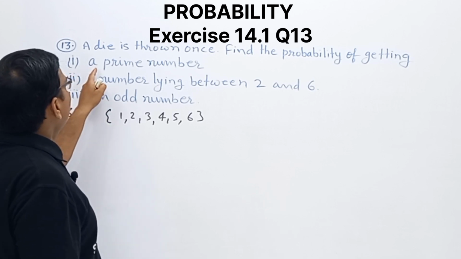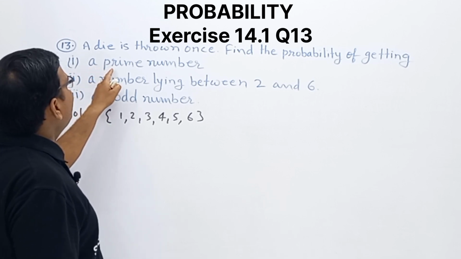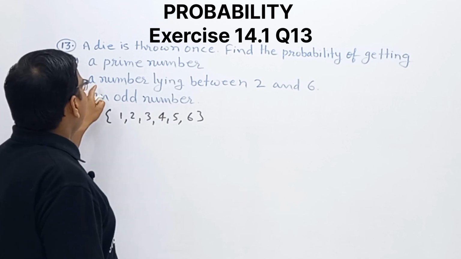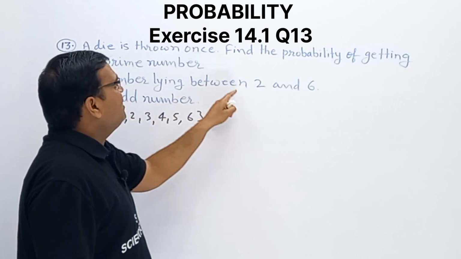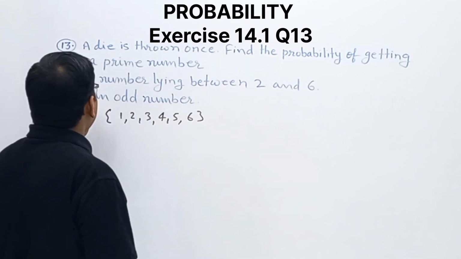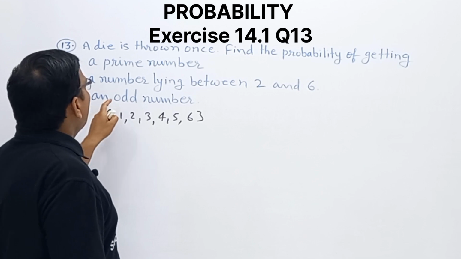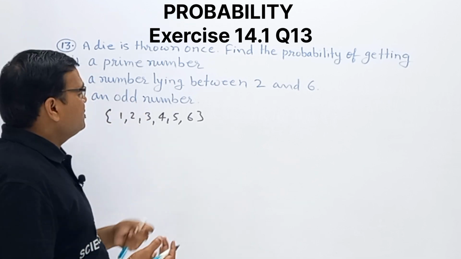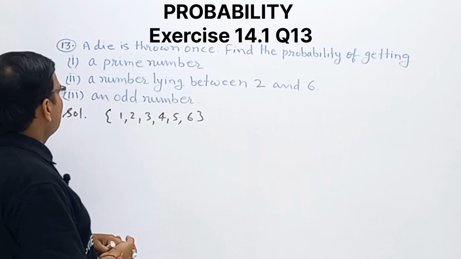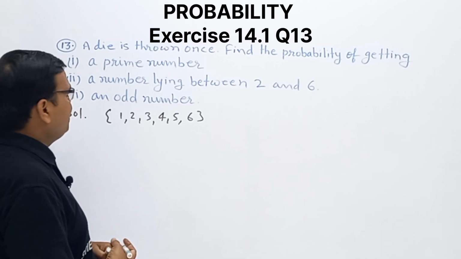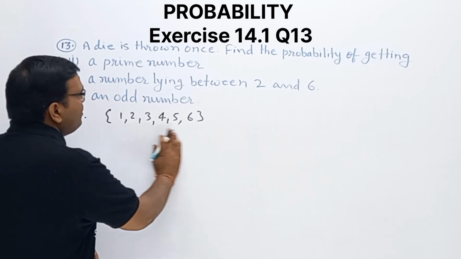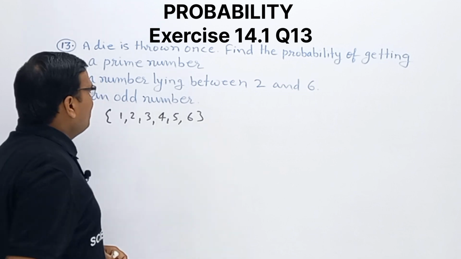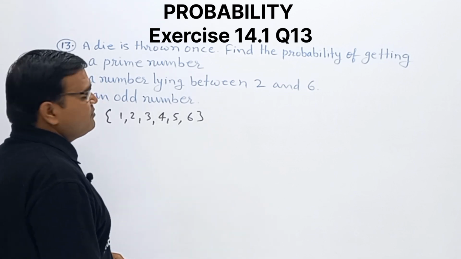Find the probability of getting a prime number. Second, a number lying between 2 and 6. Third, the probability of an odd number. These are three small questions that we can easily solve. We want probability, and a die has 6 numbers: 1, 2, 3, 4, 5, 6.